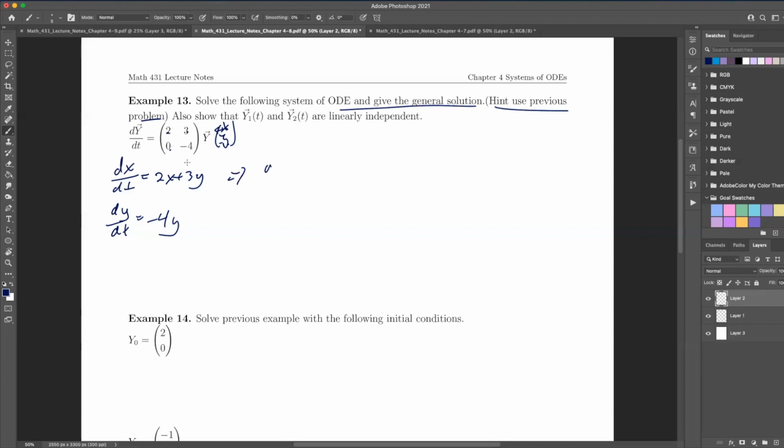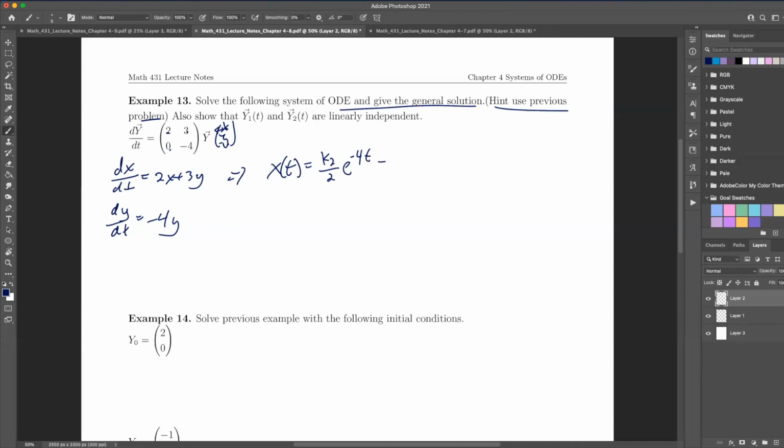We got x of t is equal to, let me be very careful when I write this. We'll have k2 over 2 e to the minus 4t. Gee, I'll have to go back to my answer.